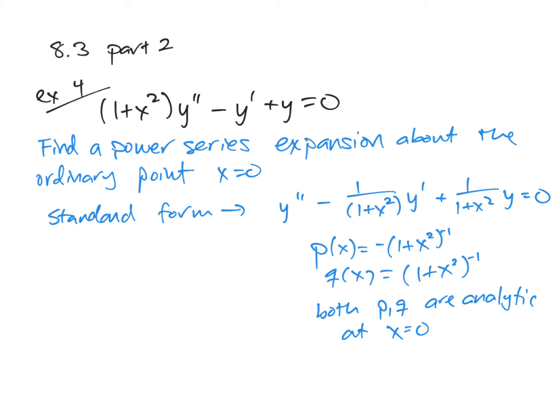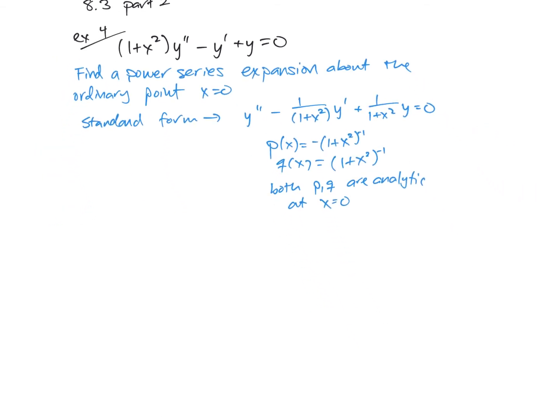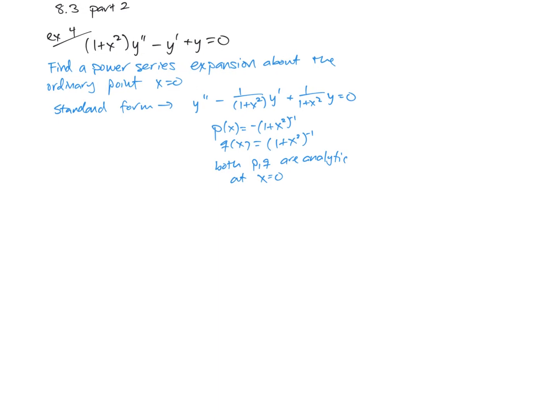Okay, so the gist here is that because we're worried about an ordinary point, we're going to guess that our solution is in the form of a power series. So we have y of x equals the sum from n equals 0 to infinity of a_n x to the n.